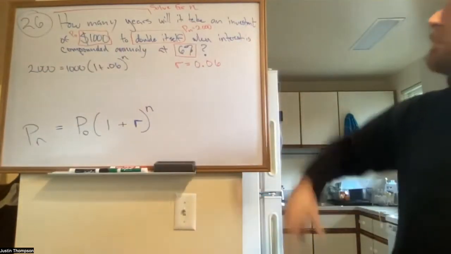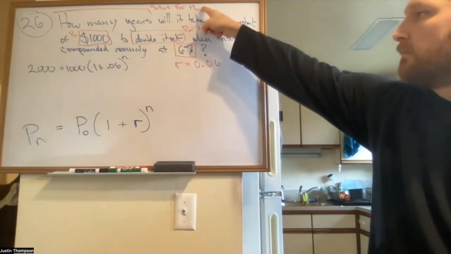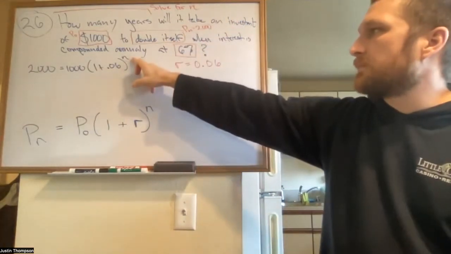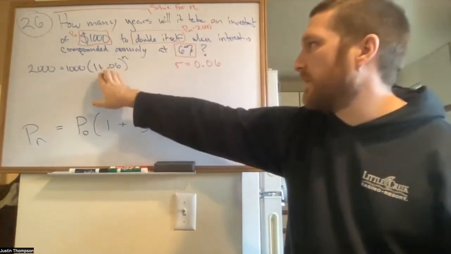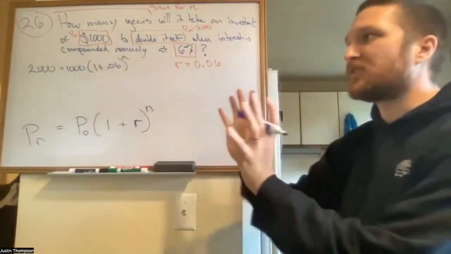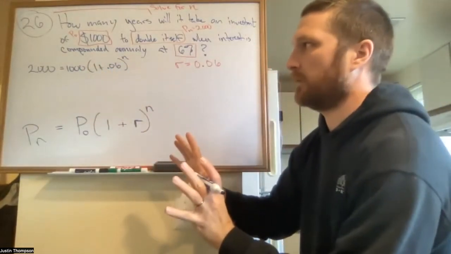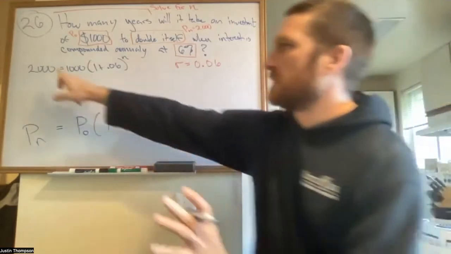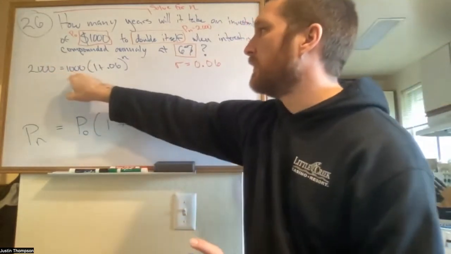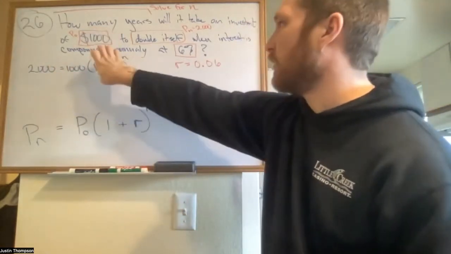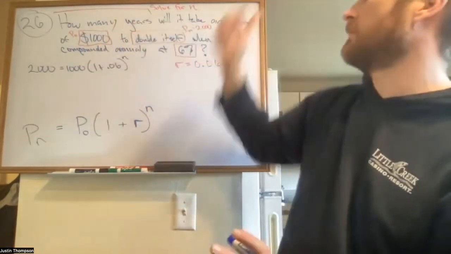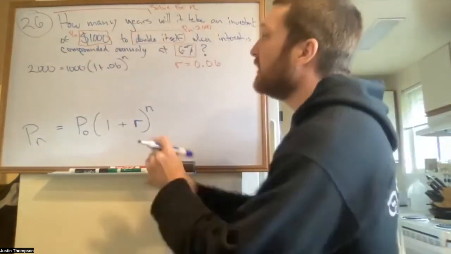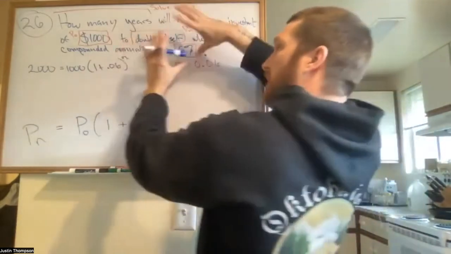Now we're solving for n, and n is locked up in an exponent. We did almost exactly the same thing earlier: some number equals some number times some number raised to some power. We just start undoing that.